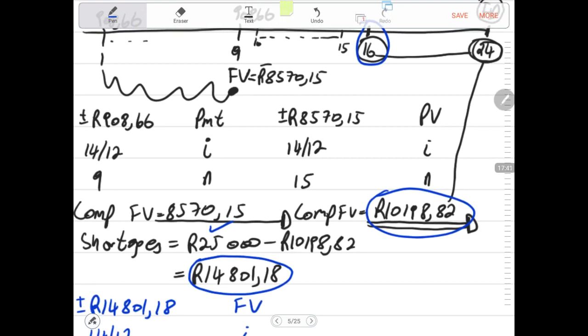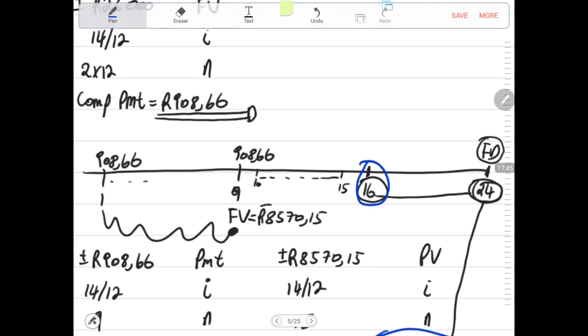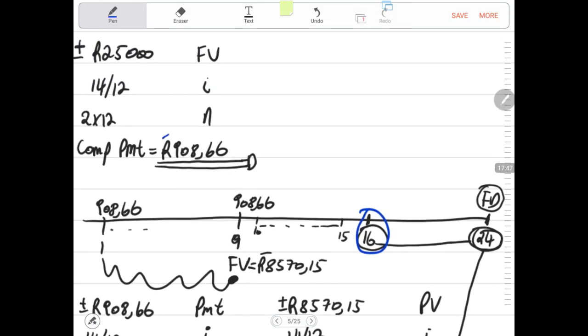Previously, when there were no missed payments, how much were we paying? We need to be aware of that. We were paying 1,908 rand 66 cents.